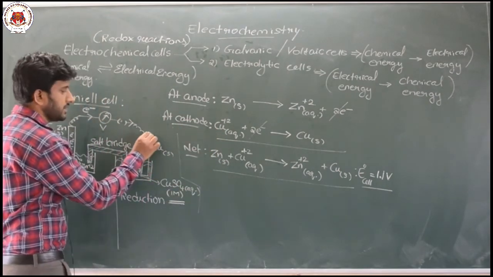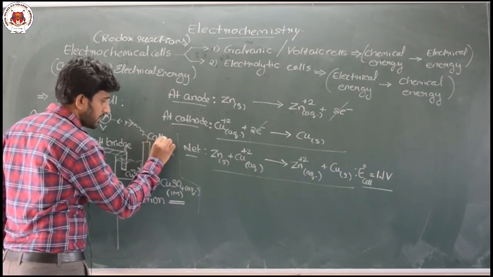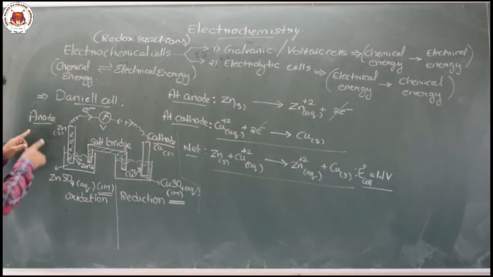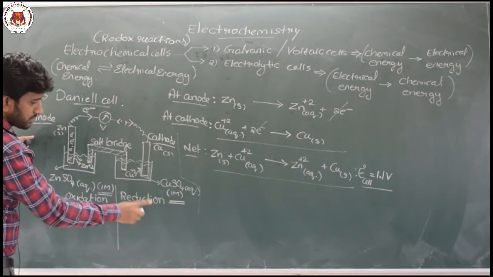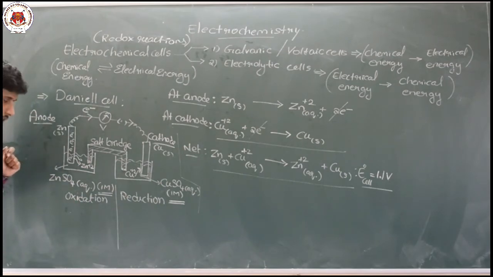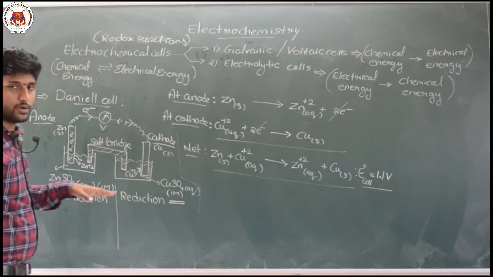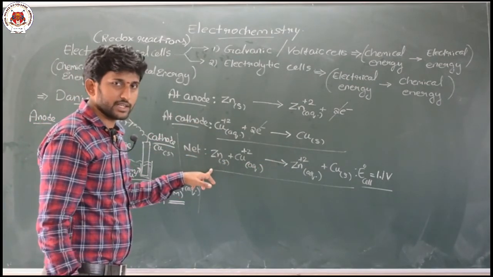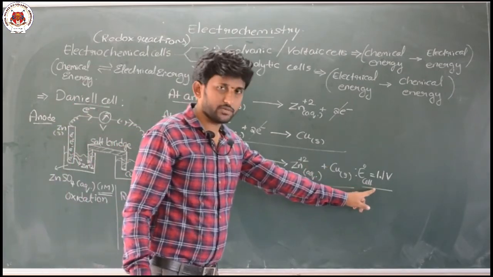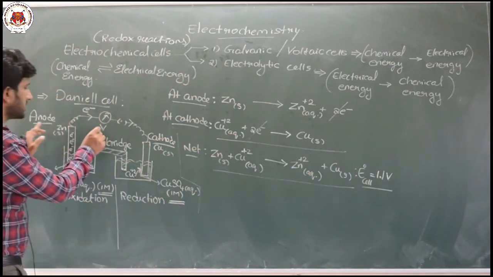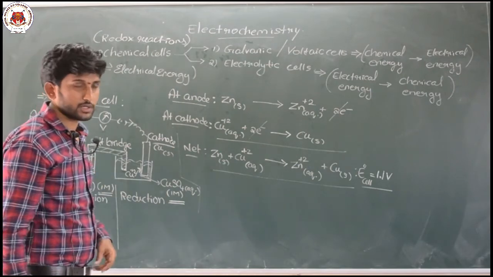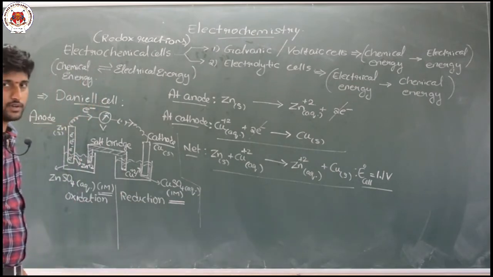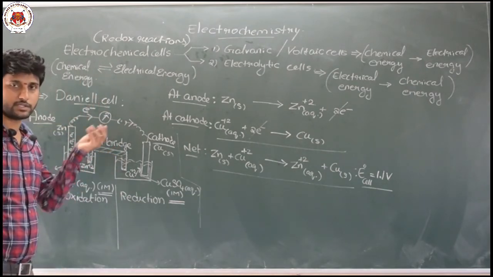So copper rod is cathode, right? Once the oxidation and reduction are occurring, the net reaction we write like this, with net EMF or potential. How much potential is it generating? 1.1 volt. So 1.1 volt of electricity is produced, right?